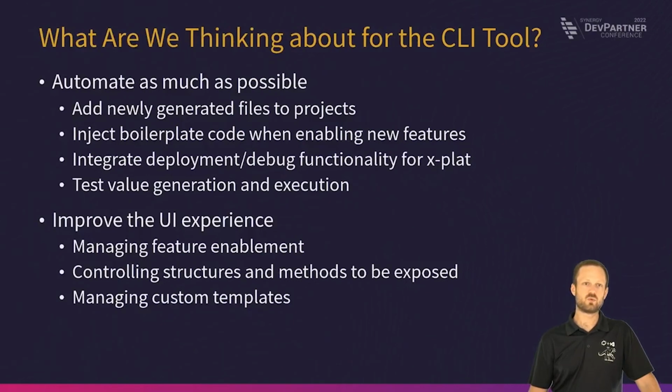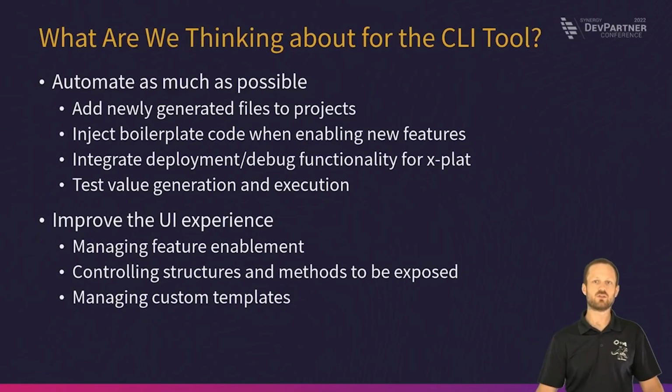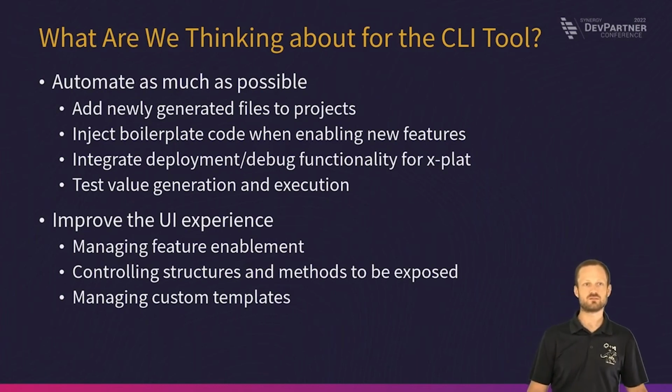And what are we thinking about for the CLI tool itself? We're looking to automate as much stuff as possible. So there's some much tighter integration between CodeGen, Regen, and your Visual Studio projects.